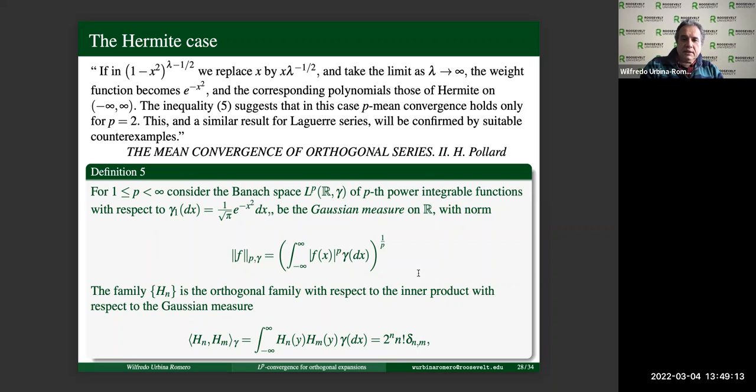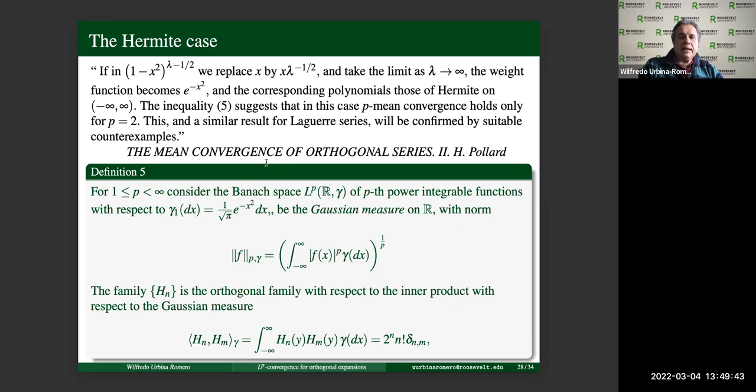Well, that is a surprising result, right? Because if you consider the L^p space with respect to the Gaussian measure, or the L^p space in R, or the L^p space in (0, infinity) with respect to the gamma measure, you can prove that the polynomials are dense in those spaces.